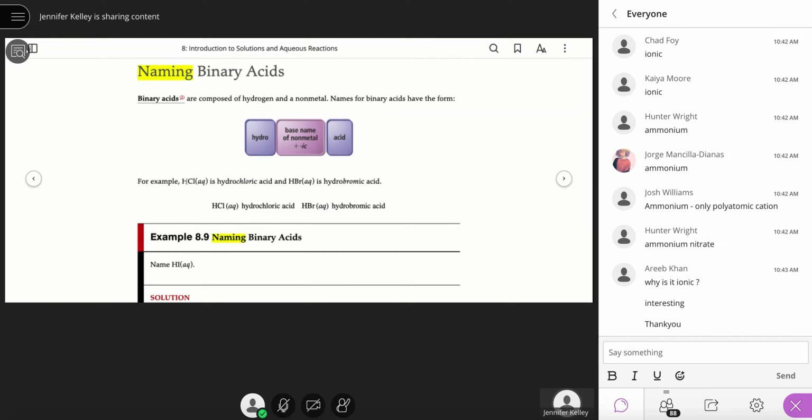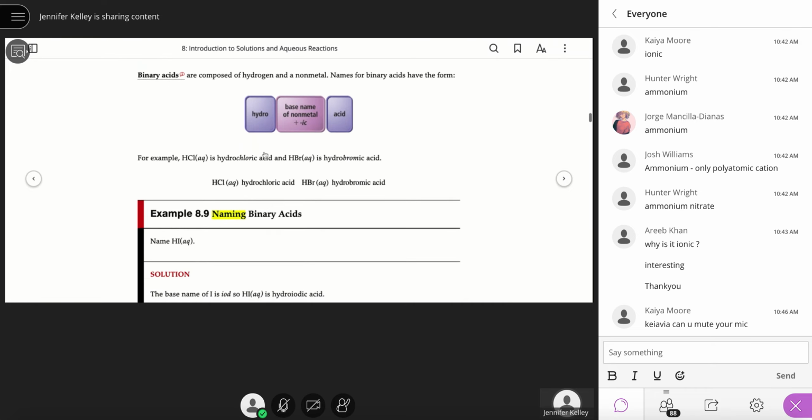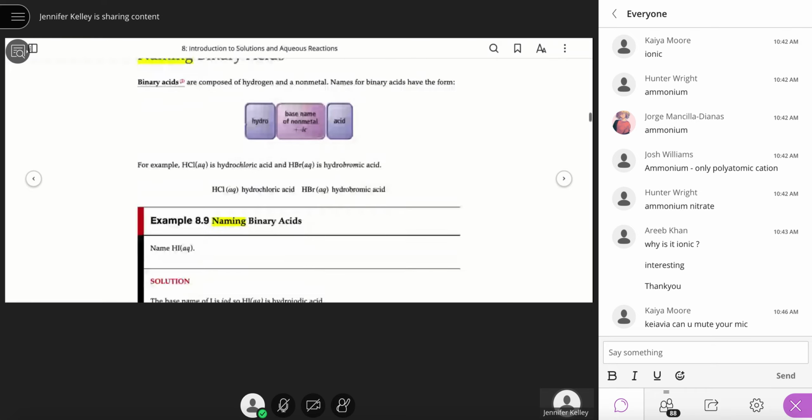For example, it'll be hydrochloric acid or hydrobromic acid. With iodine, it sounds a little funny, but it's hydroiodic acid. So that's how you name it when there are just two.